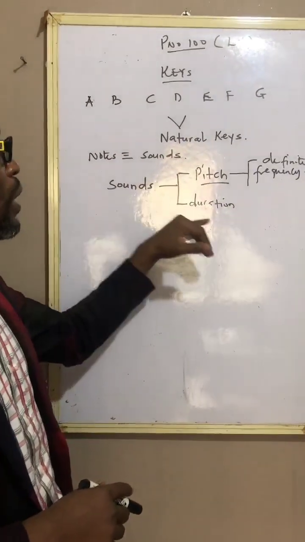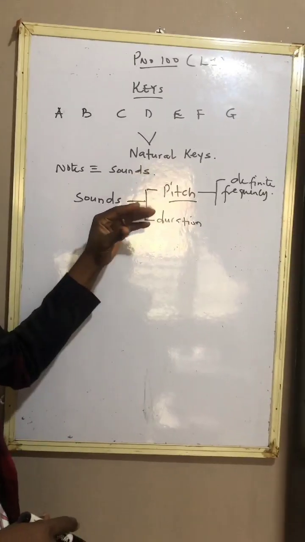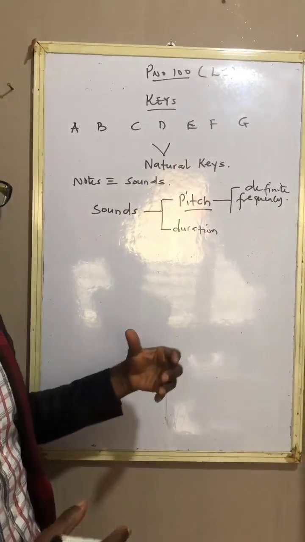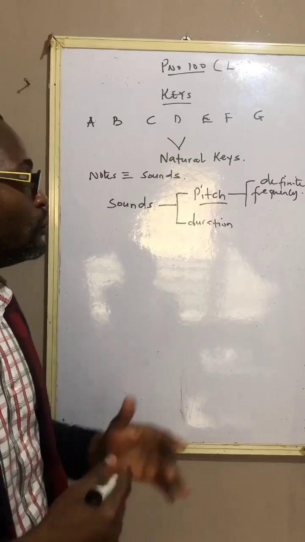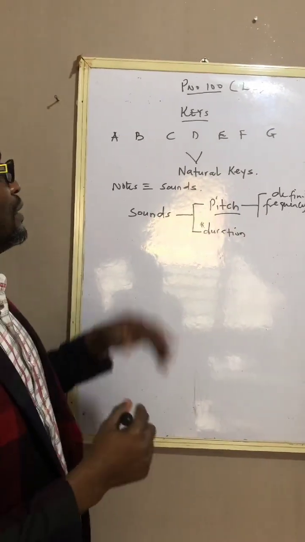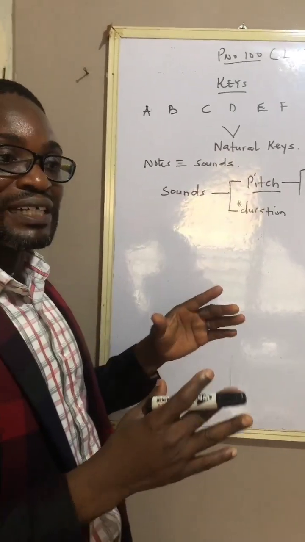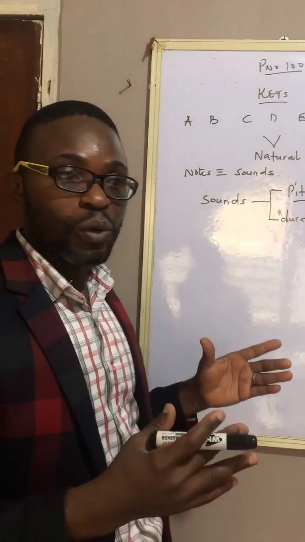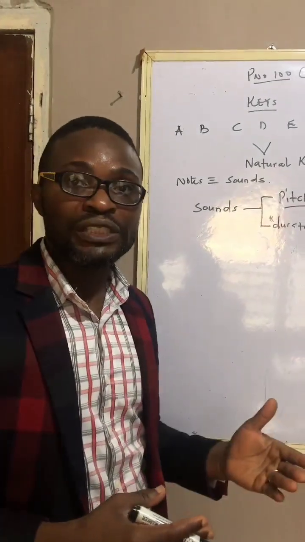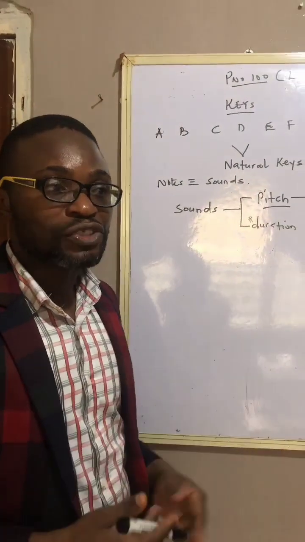We'll talk about duration much later, which is the length of each of these sounds when you bring them together in making music. So now we know that A, B, C, D, E, F, G are where the names of the keys come from, and it becomes needful to know which is A, which is B, which is C, and so on.